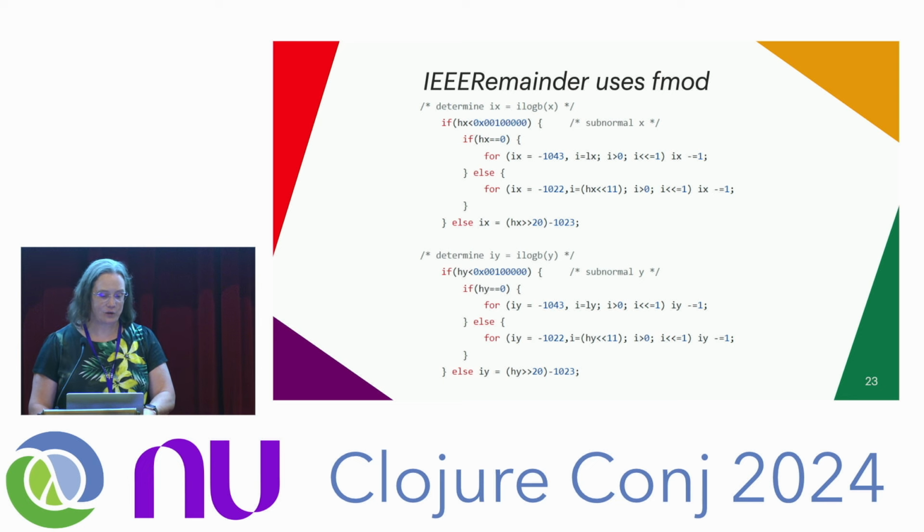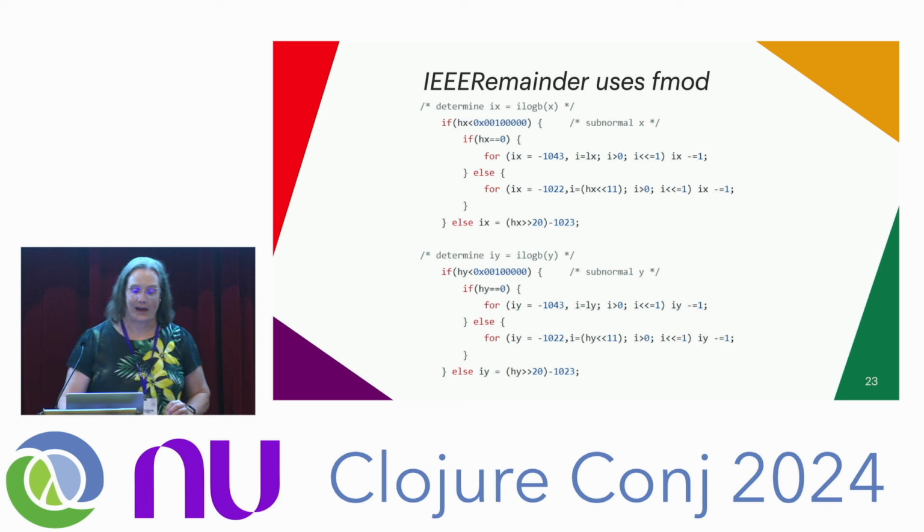So looking into it, this is the C code which implements it. Oh, no, not. This is a very small slice of the C code that implements it. It uses a function called fmod, floating point modulos, and this is a slice out of fmod that we can see here.